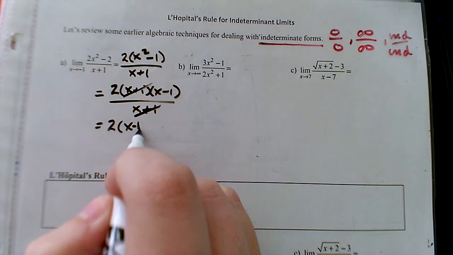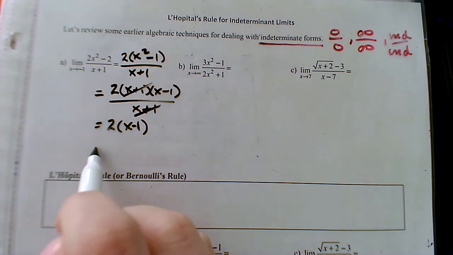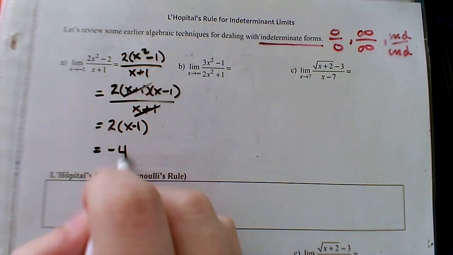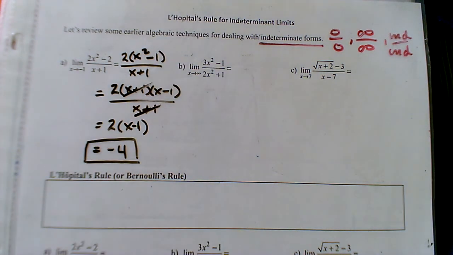So we're left with the 2 times x minus 1. So even though direct substitution didn't work at the very beginning, let's try direct substitution again now that we rewrote it. So if we were to plug in -1 for x, we get 2 times -2, which is -4. All right, so the height of that hole on the graph is -4.